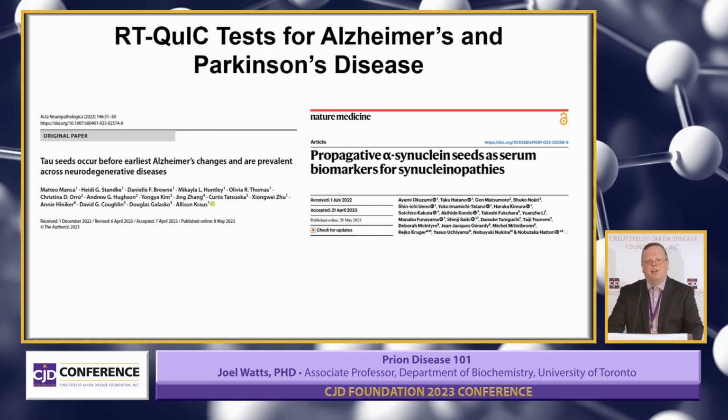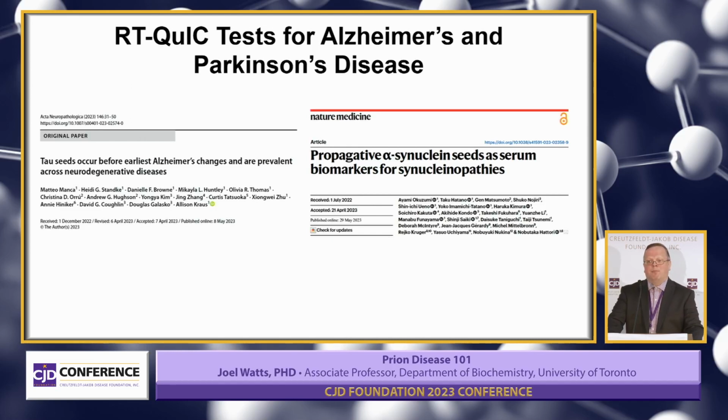I just want to leave you with an interesting point. Prion diseases are rare, certainly more rare than Alzheimer's disease and Parkinson's disease. However, some of the fundamental game-changing things that have affected the biology of Alzheimer's and Parkinson's recently have originated in fundamental research in prion disease.